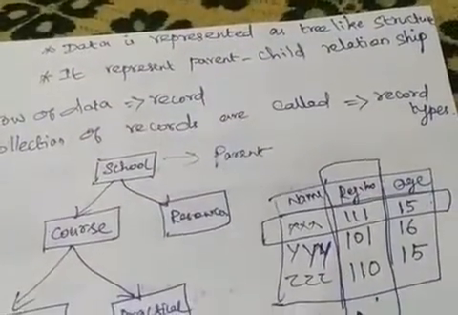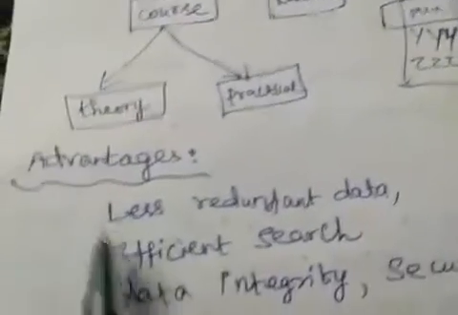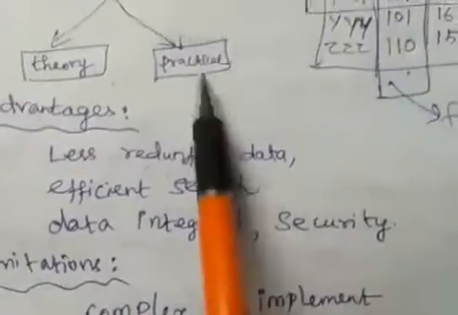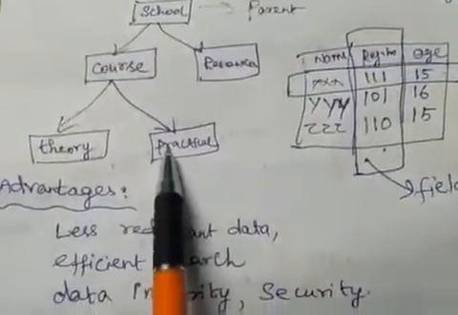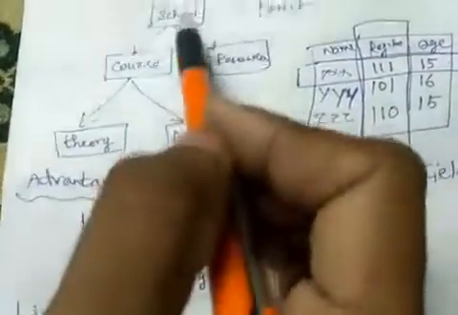Now, the advantages and disadvantages of the hierarchical database model. Advantages: less redundant data, that is, less duplication of data. Suppose we have XX in one column; while accessing, we can easily access the data from the parent.